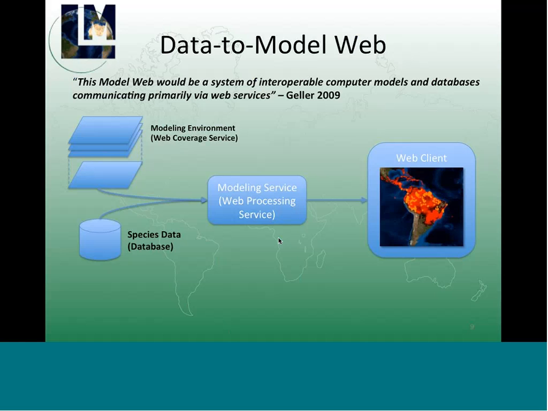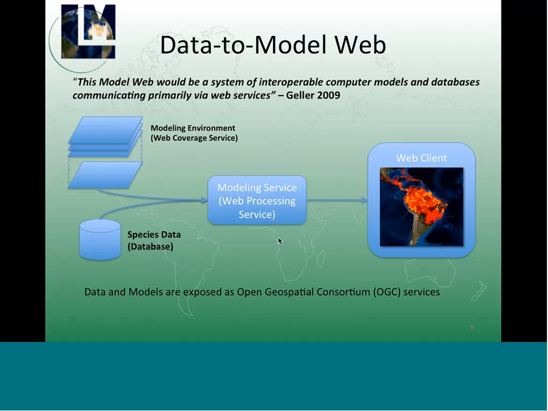It is a system of interoperable computer models and databases, as he says, communicating primarily via web services. And so we're involved in a collaboration with the University of Texas at El Paso and the University of New Mexico to take a stab at this model web.